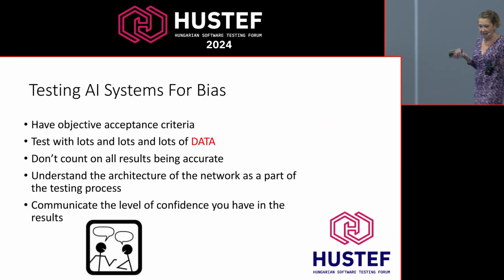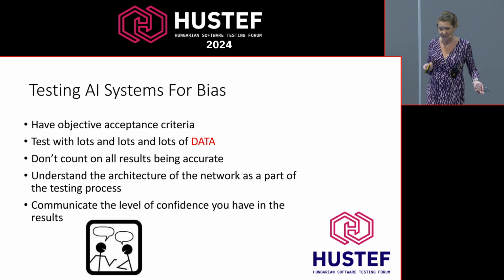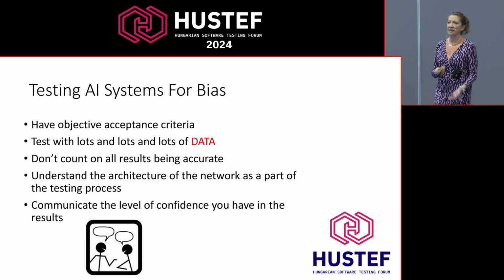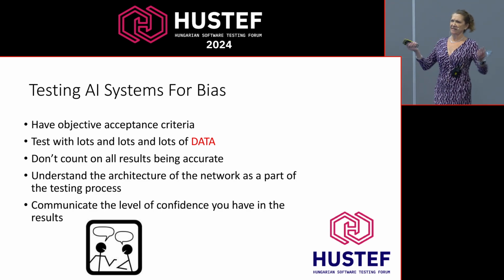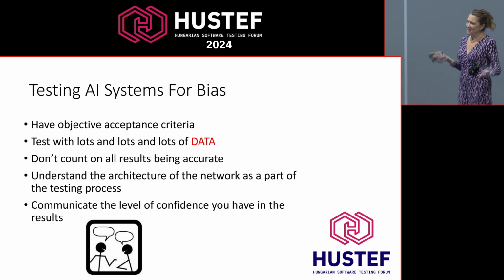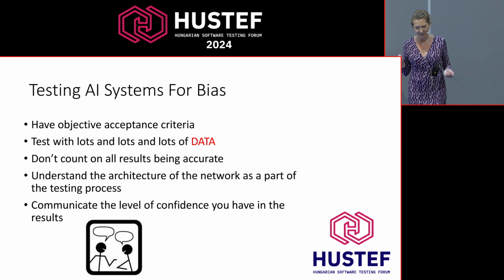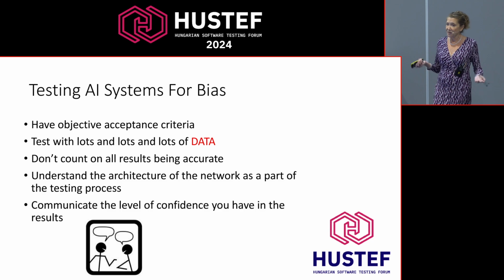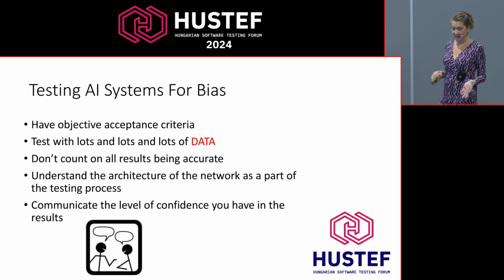We want to make our criteria as objective as possible, but we have to test with lots and lots of data. Edge cases, edge cases, edge cases in our data. You think a user wouldn't do it? Think again. You still can't count on the results being accurate, but you've got to understand the architecture and understand how the network and the algorithms are being assessed.